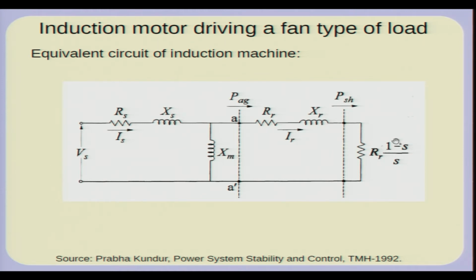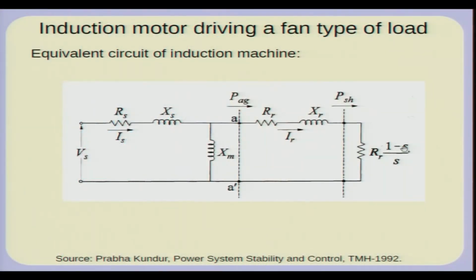This is what appears at the stator terminals because the induction machine moves. It is like a transformer equivalent, but the rotor resistance appears to be a function of the slip. So, that is the equivalent circuit of an induction motor.